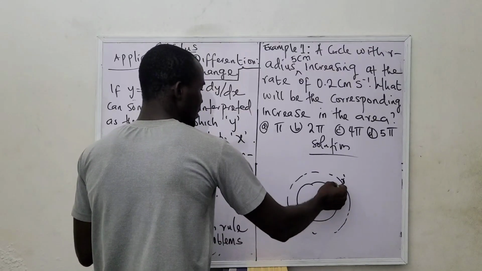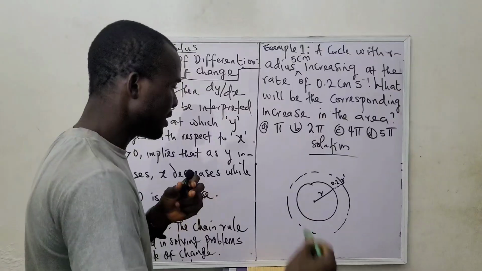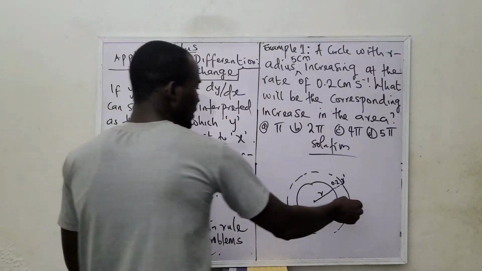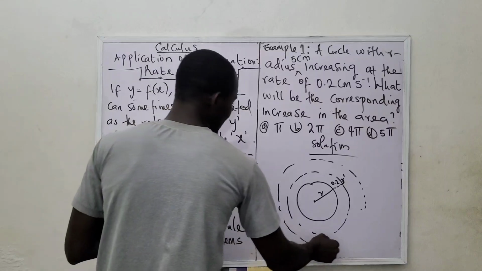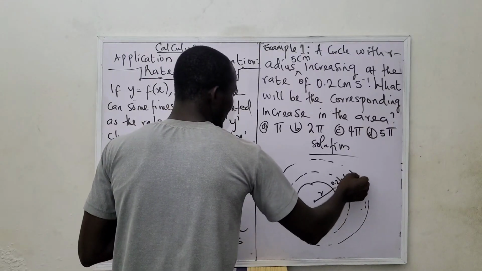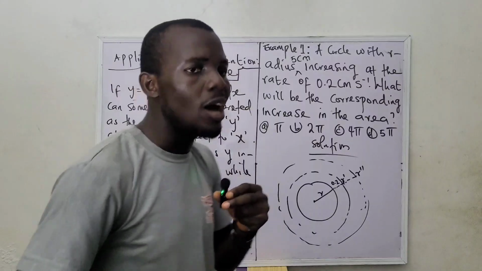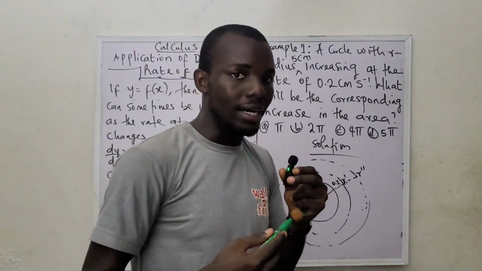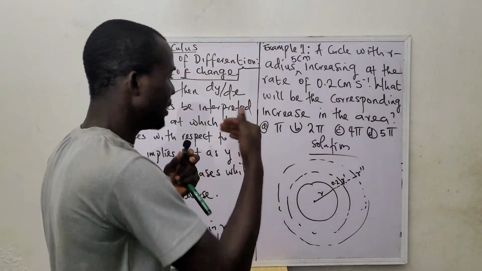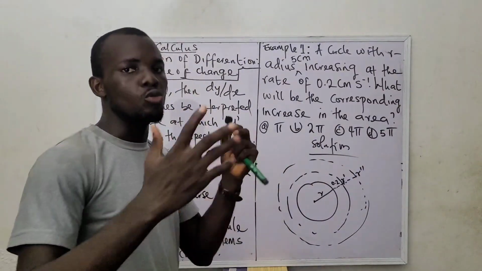The increase is 0.2, and it continues like that, extending the radius. This will be r prime prime, and that is how the increase is happening as the time goes by. It's like a ripple effect, just spreading outward.